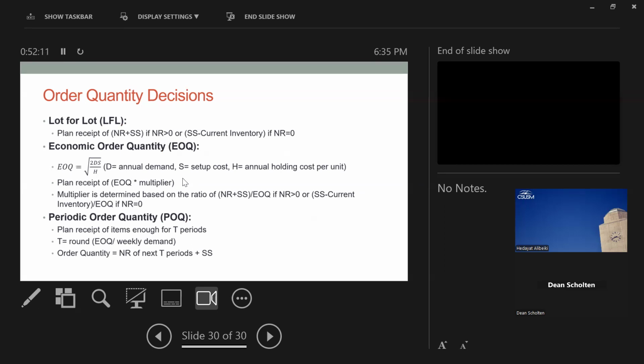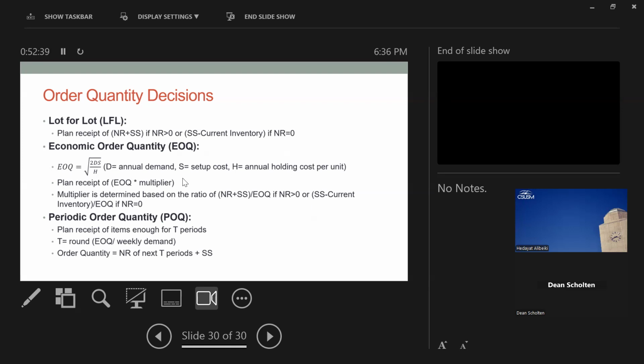Period order quantity uses EOQ, but it's an extension. You may not get a round number. Sometimes EOQ, let's say, is enough for two weeks of your demand, but in a lot of cases you may have a little bit of leftover.